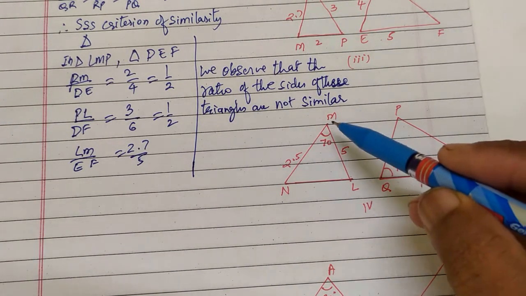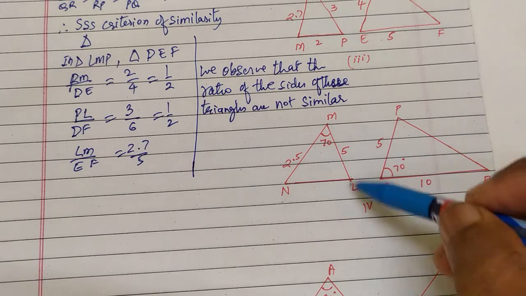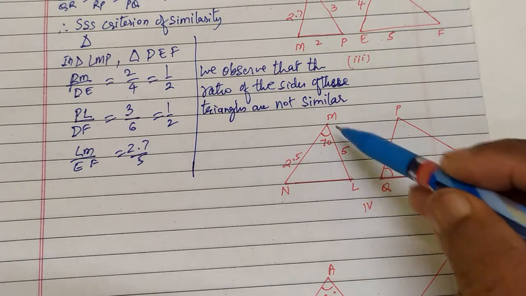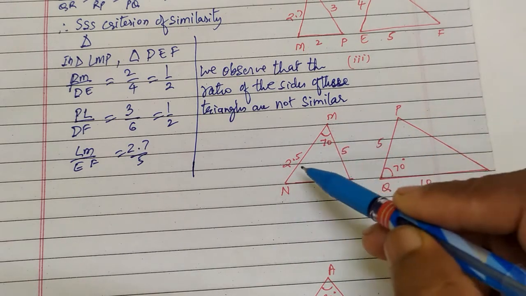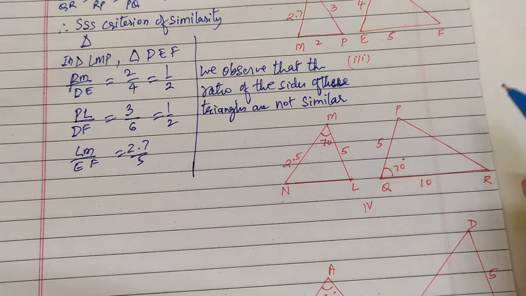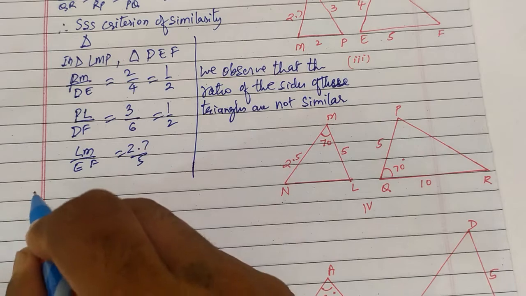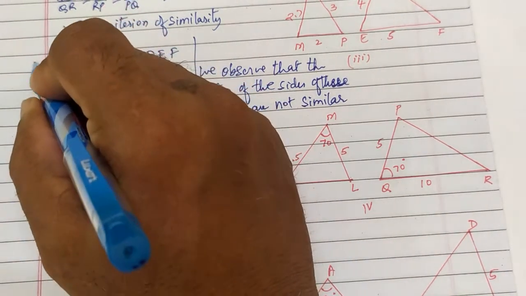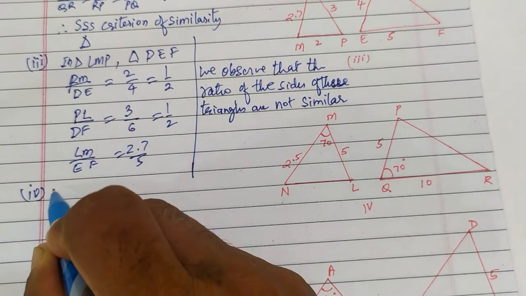Here we can see angle M is equal to angle Q, and here LM is 5. Here MN is 2.5. Here PQ is 5, and angle is 70 degrees. So we'll write down. This is the fourth one.